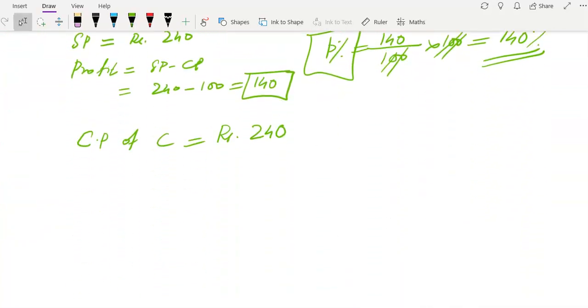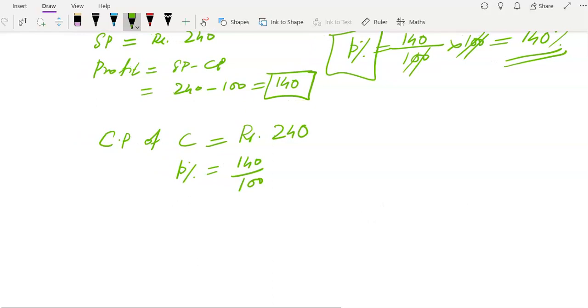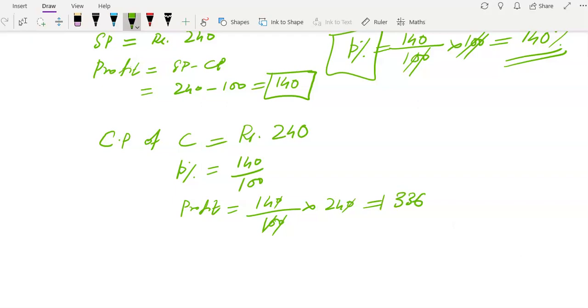So CP of C is rupees 240, profit percent is 140%. So our profit will be how much? 140% of CP. CP is 240. So if we solve this, 14 into 24 will give us 336. So selling price of C will be how much?